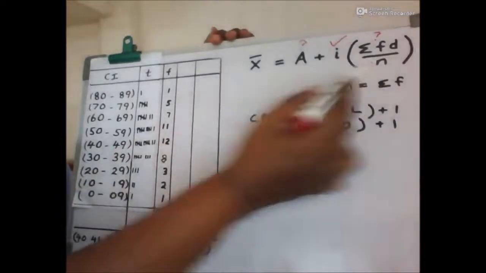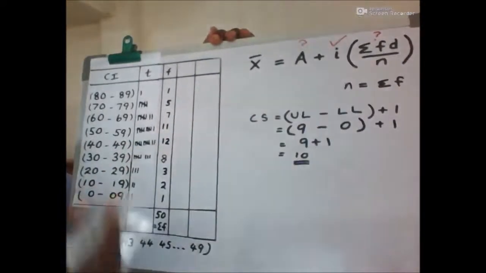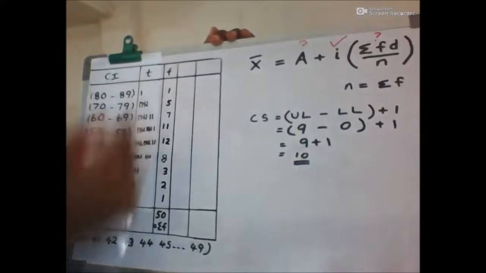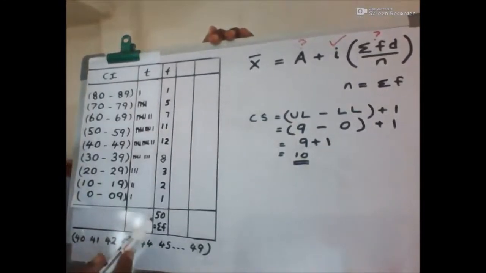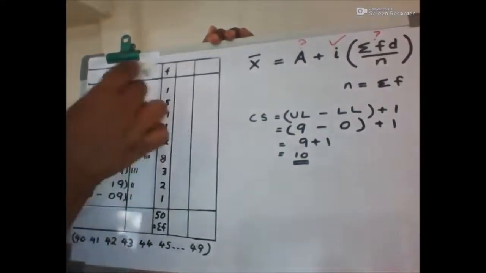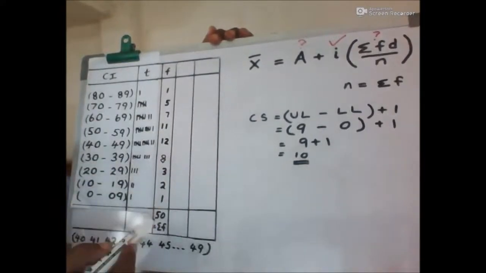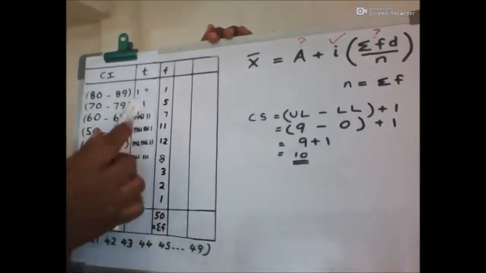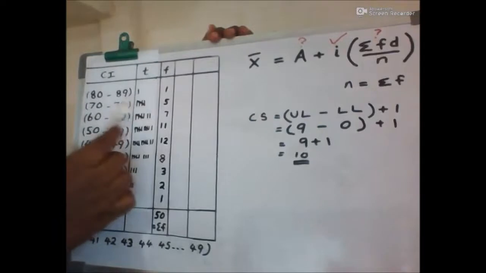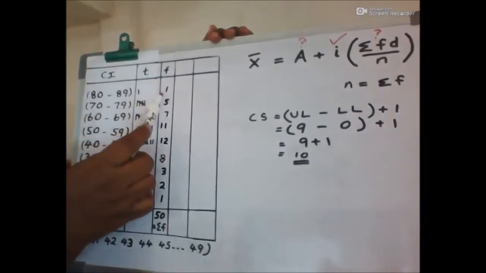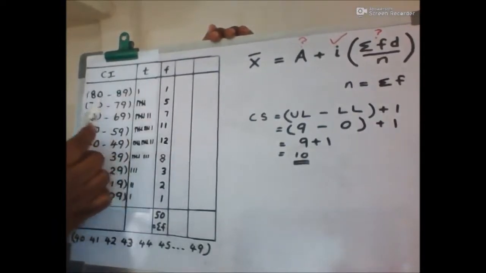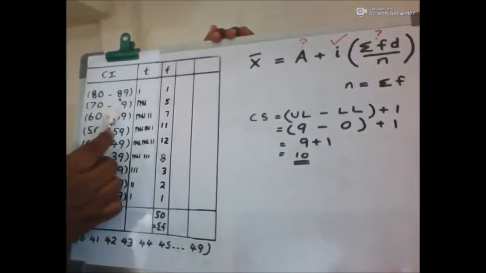N means the total number of students. Total number of students, you can get it from this table. 50. Right? These are students. Frequencies. Students. How do you know that? How can you interpret this one? There's one student who has scored marks between 80 and 89.